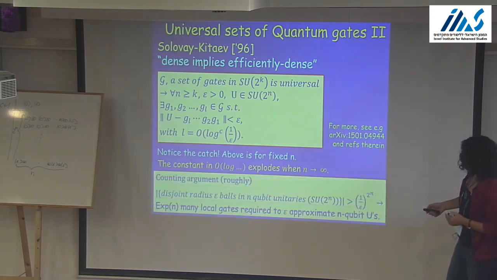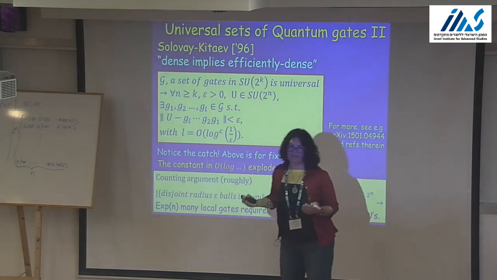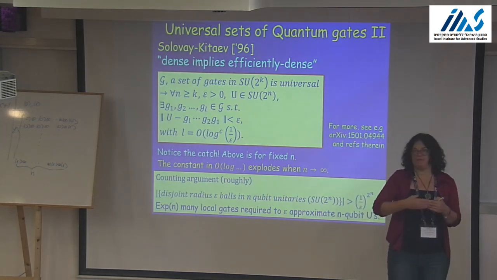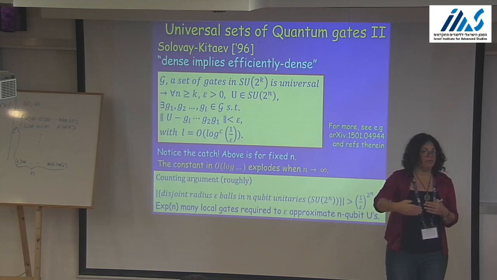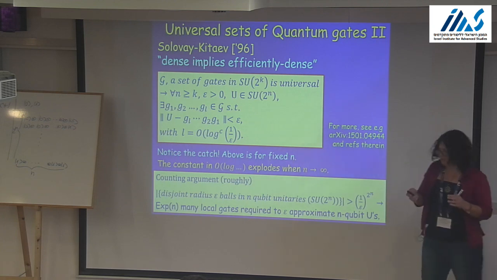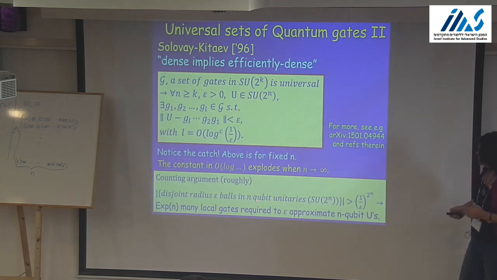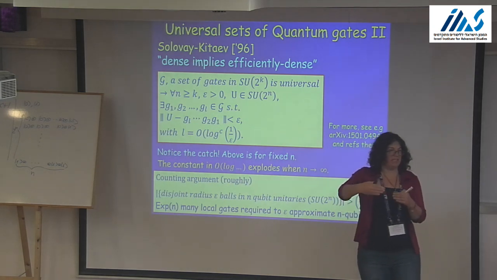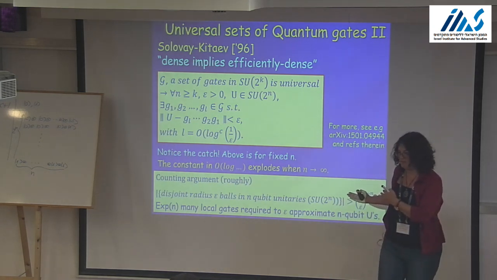The counting argument is simply that, if I have n-qubit unitary matrices, there are some that will require exponentially many gates to reach within even a constant epsilon, say a half. The counting argument is simply to look at the number of radius epsilon balls in those unitaries, and you'll see that their number is doubly exponential in n. And therefore, if you just count the number of possible sequences of gates of length less than exponential, there are just not enough of those.